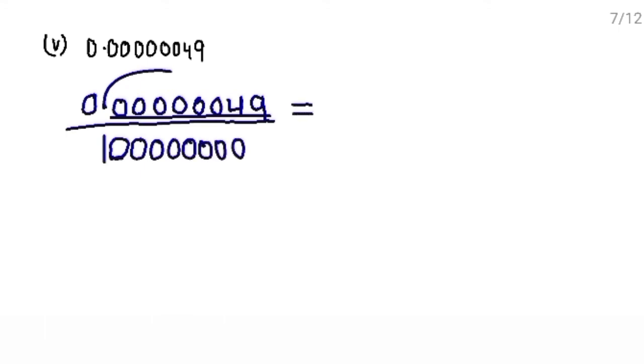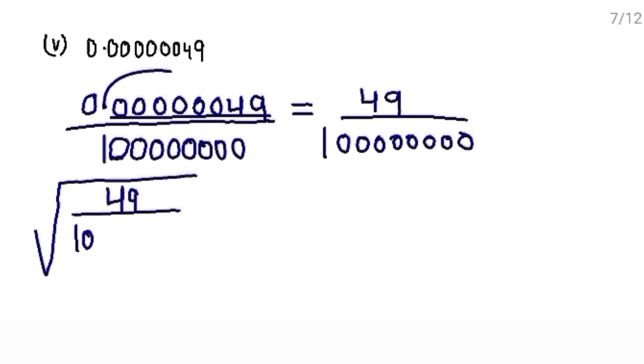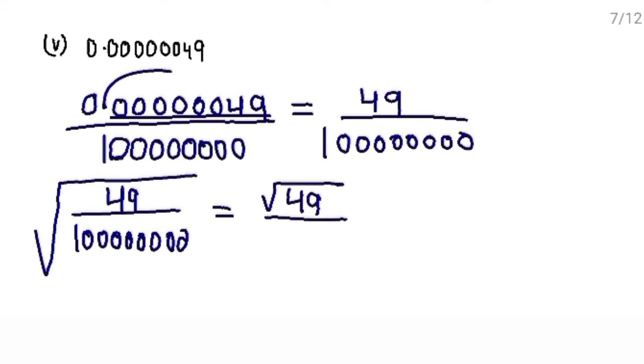So it becomes 49 upon 1 and 8 zeros. Now find the square root of 49 upon how many zeros do we have? 1 2 3 4 5 6 7 8. It means find the square root of 49 and in the denominator find the square root of this.